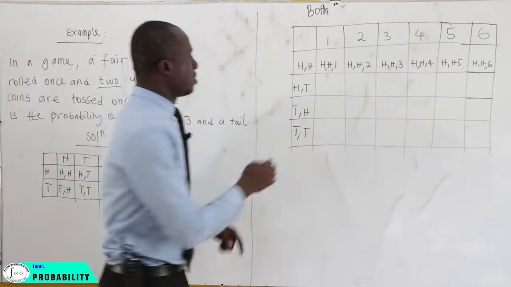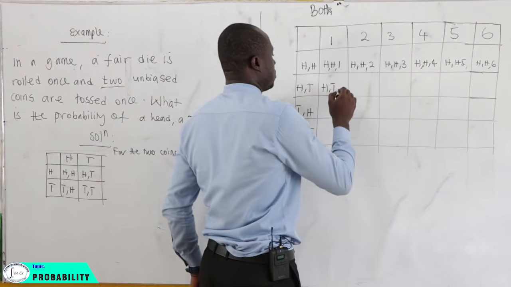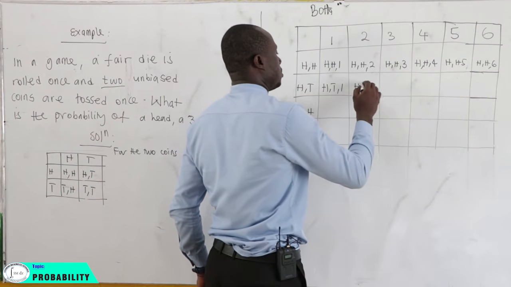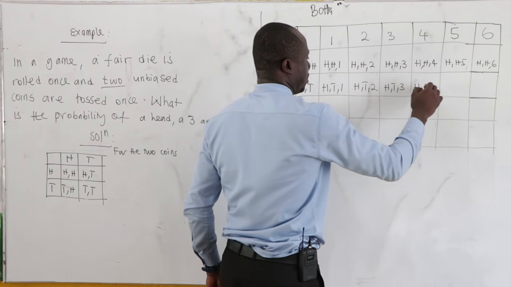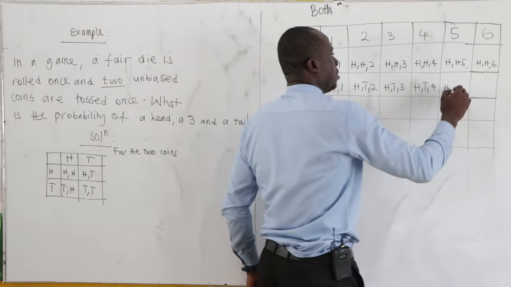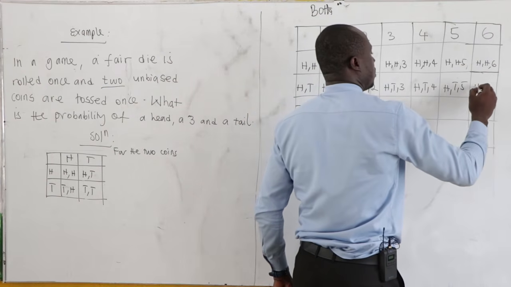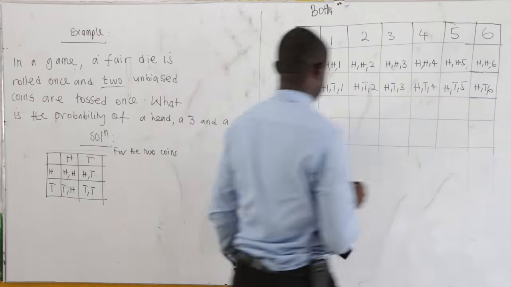That's the first one. The second one, we have HT1, HT2, HT3, HT4, HT5, HT6.